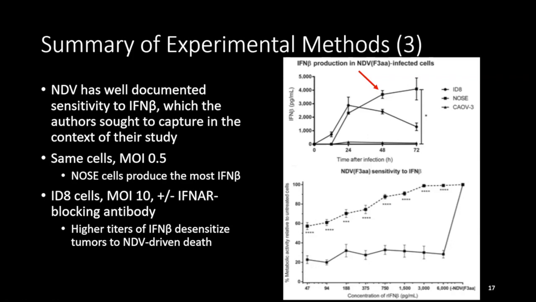So they took the ID8 mouse ovarian cancer cells infected at MOI of 10, and in the top curve they didn't add interferon beta, and on the bottom they did add interferon beta at each of these increasing concentrations. What they're showing is that the higher titers of interferon beta sort of desensitize the tumors to the oncolytic virus driven death.